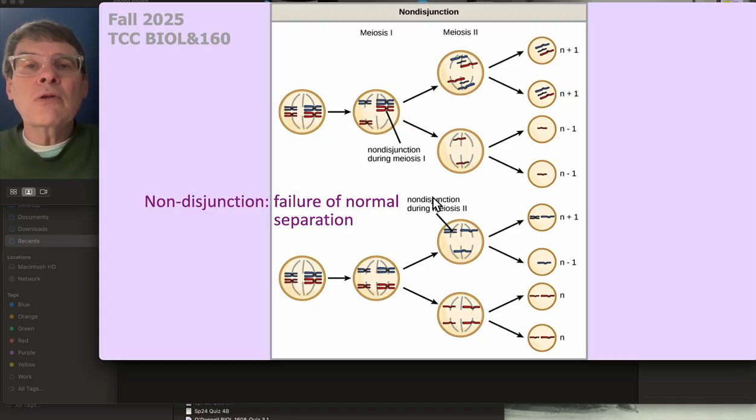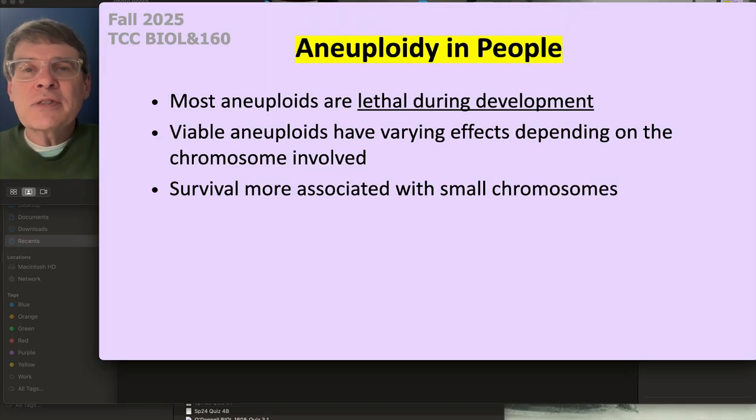And here are a couple of instances during meiosis 1 or during meiosis 2, resulting in an abnormal total number of chromosomes.